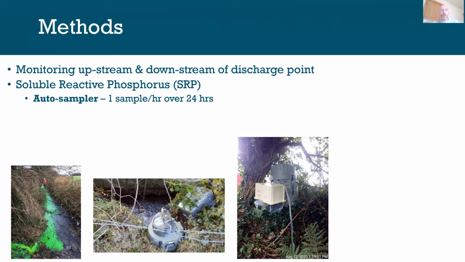Our monitoring looks at soluble reactive phosphorus from the wastewaters, using auto samplers, which take 1 sample every hour over a 24-hour period. So essentially we're getting 24 upstream samples and 24 downstream samples every time we use the auto samplers, and to date we've used them maybe 6 or 7 times at Liscooley.